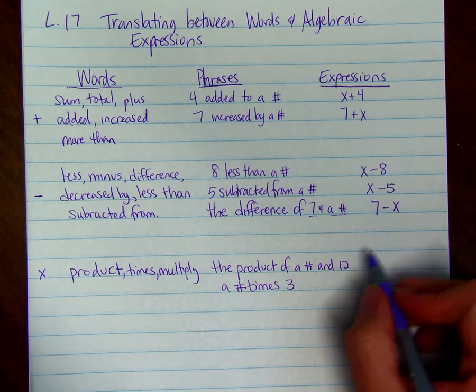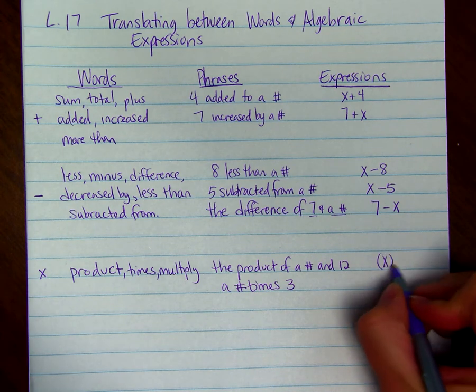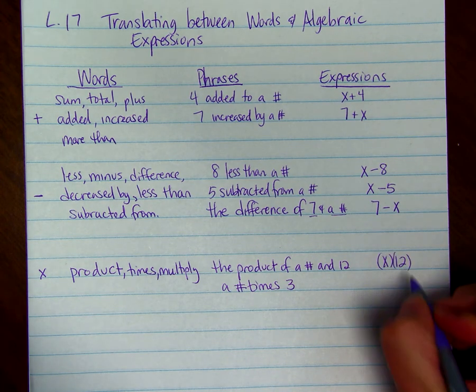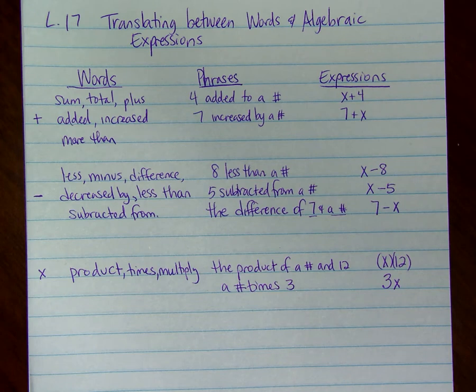So the product of a number and 12 is just x times 12. A number times 3 would be 3 times x, or x times 3.